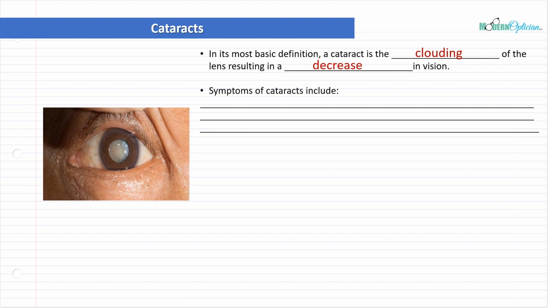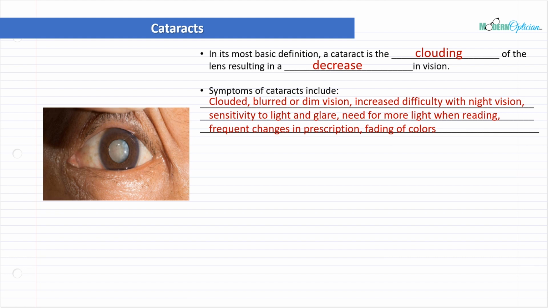So symptoms of cataract include, and this is something that I really want you to remember because all of these symptoms are going to have an impact on you as an optician when it comes to troubleshooting your patient's vision. So these include clouded, blurred, or dim vision, increased difficulty with night vision, sensitivity to light and glare, need for more light when reading, and frequent changes in prescription, as well as fading of colors.